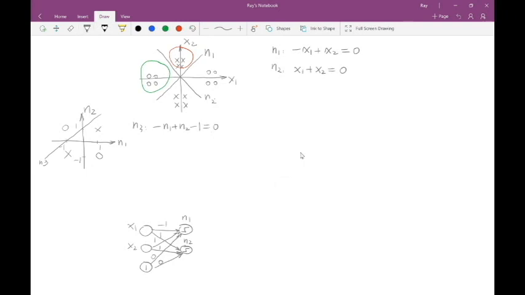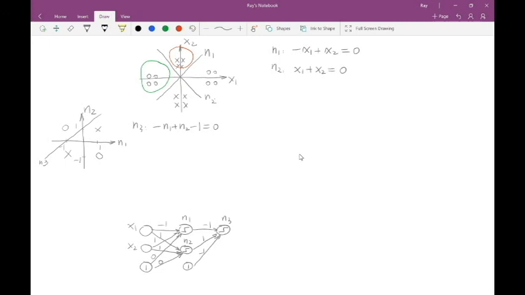And we keep building our network to the next layer. Another line is needed to separate the remaining data points based on their classes.